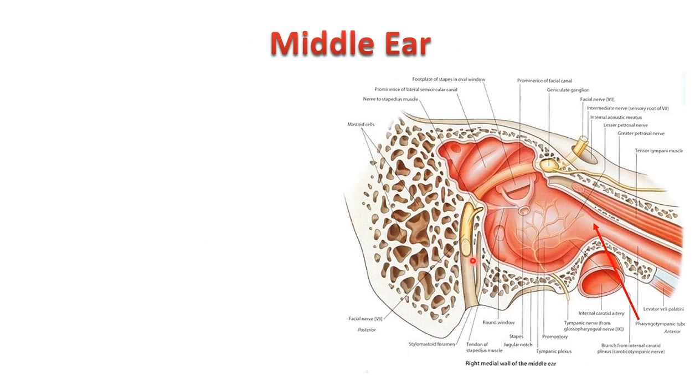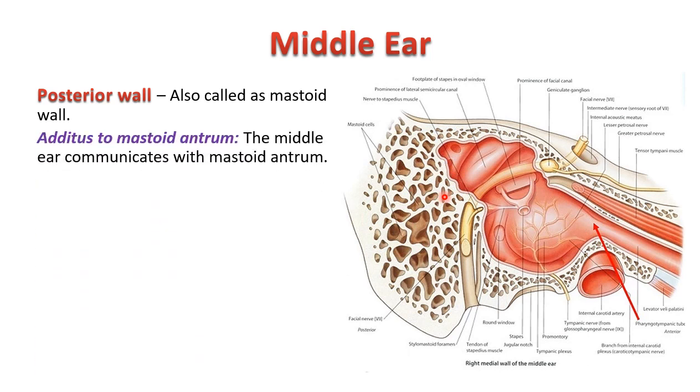Now coming to the posterior wall of the middle ear cavity, it is called the mastoid wall because it is related to the mastoid antrum and the mastoid air cells. In the upper part of the posterior wall, you see an opening which is the aditus to the mastoid antrum. Through this, the middle ear cavity communicates with the mastoid antrum.